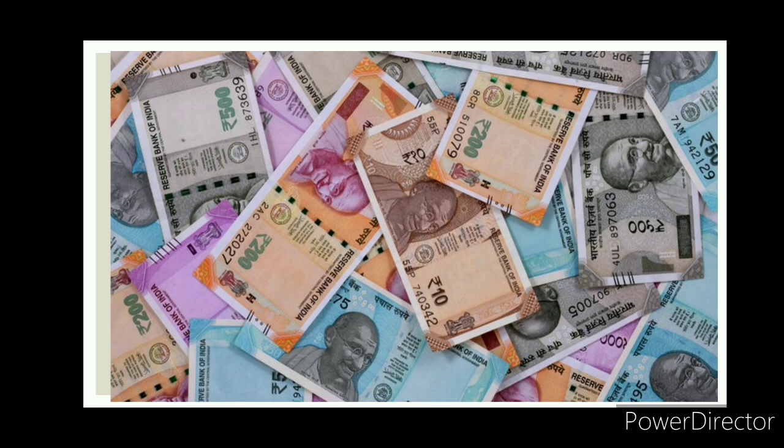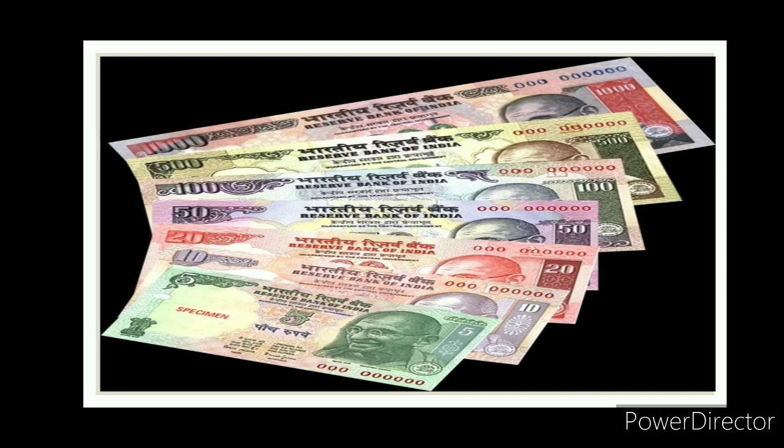How many are visible to you? 1, 2, 3, 4, 5, and so on. Many 500 rupee notes, many 50 rupee notes and many 2000 rupee notes are there. So now we will find the denomination of these currency notes. Denomination of currency means the value of the money.